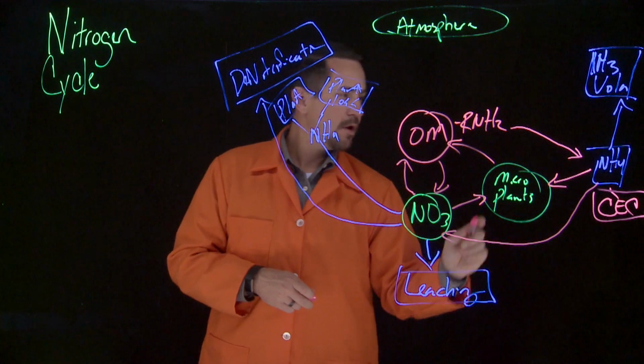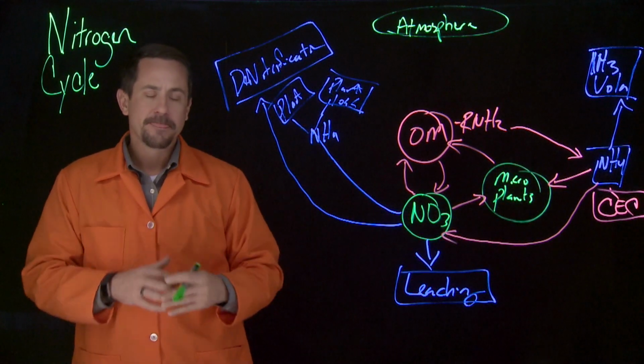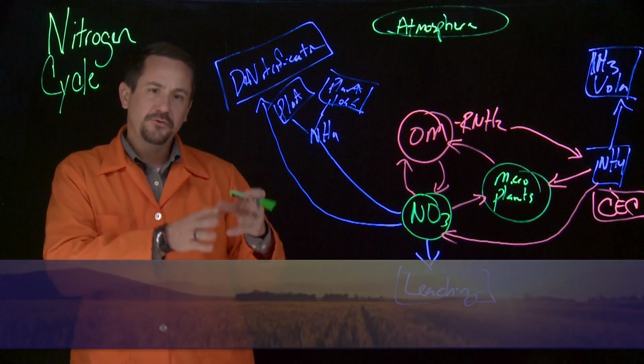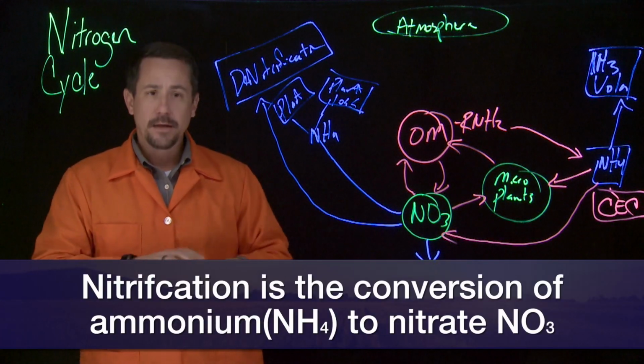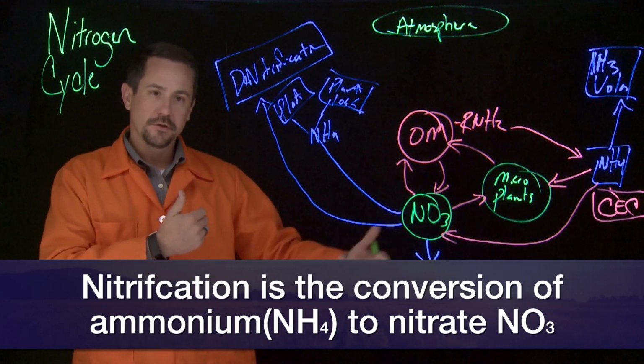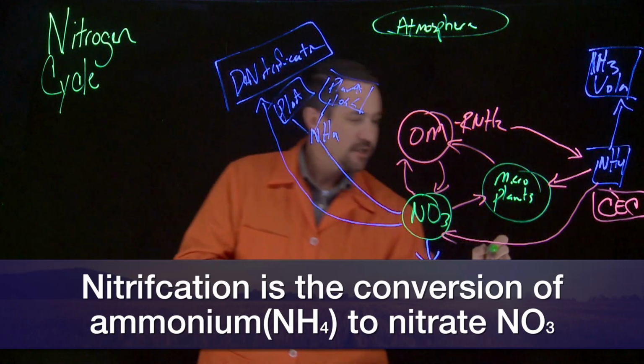So NH4 coming down, we have the conversion we call nitrification. That's when we turn NH4, that immobile nutrient, into nitrate, and we use bacteria. Bacteria break down NH4 and turn it into NO3 through nitrification.